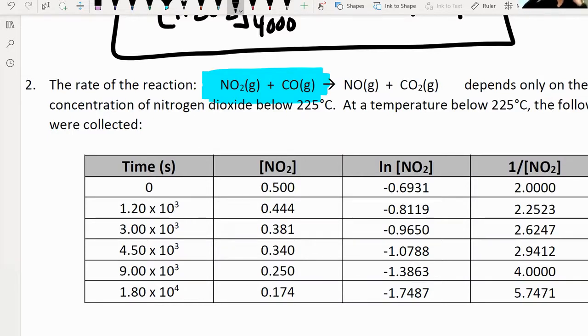And so we see how the concentration of the reactant we care about is changing over time. And that's why we're ignoring the carbon monoxide right now. The student would then have to follow up and do a similar experiment, flipping it around, where they would hold the concentration of NO2 really high, and then monitor the amount of carbon monoxide. Okay, but for right now, we're not going that in depth.